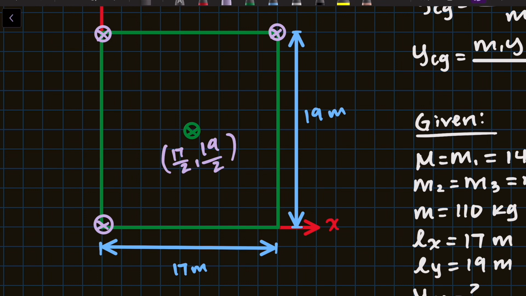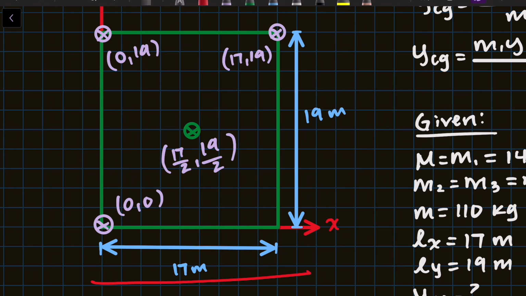So the top left couple will have coordinates of 0, 19. Top right would have coordinates of 17, 19. And then the bottom left couple, they're at the origin, so they'll have coordinates of 0, 0. I'm just using the fact that this is 17 meters and this is 19 meters.